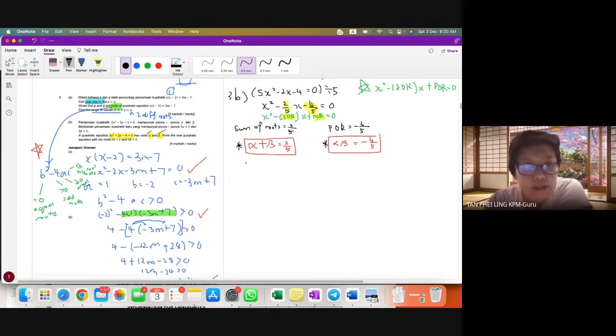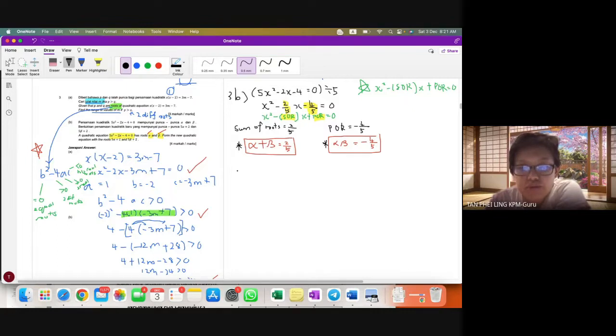So now, we haven't finished, because we just came to the first step where we found our SOR and POR. Now we're going to make use of it to form a new equation. To form a new equation, we need a new SOR. What is our new SOR? The roots are 5 alpha plus 2 and 5 beta plus 2.